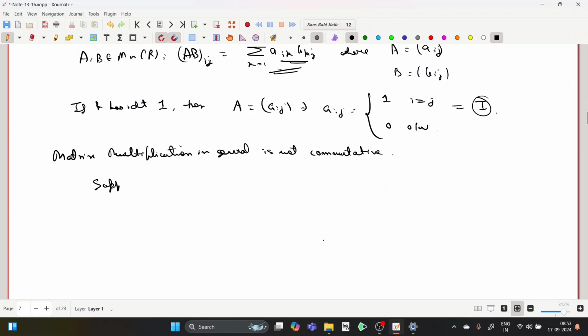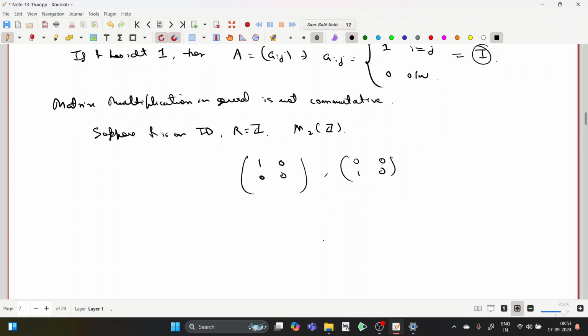Suppose R is an integral domain. So it should be an obvious question to ask whether M_n(R) is an integral domain as well, and that's exactly not the case. Because suppose I choose R equal to Z. Z is an integral domain, and we all know about it. And I choose the ring M_2(Z). The matrices I choose from M_2(Z) are, say, [1 0; 0 0] and [0 1; 0 0]. These are non-zero matrices on their own.